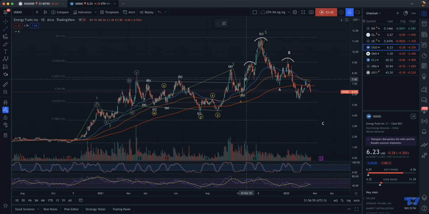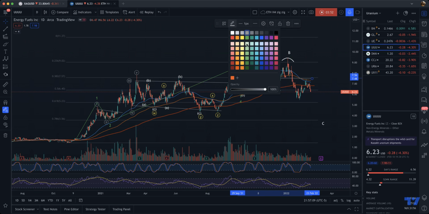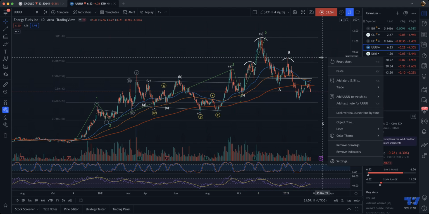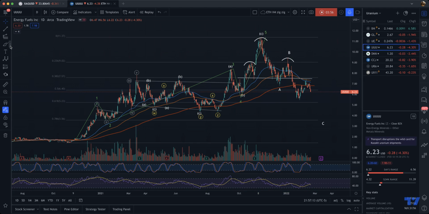I'm trying to think where to draw the neckline, right about here because we back tested it. Let me make the color stand out a bit. We back tested the neckline right about here. So that makes me think this is the neckline.